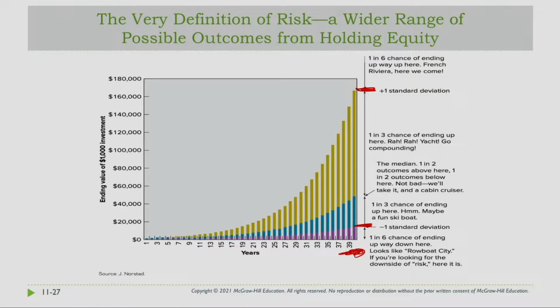They kind of put this in the framework of Rowboat City versus Rah-Rah Yacht and French Riviera up here. Definitely rather be up in this category than down here, for sure. But you get the idea. Again, this is showing you the same thing as that spreadsheet showed, as we saw in the tables.